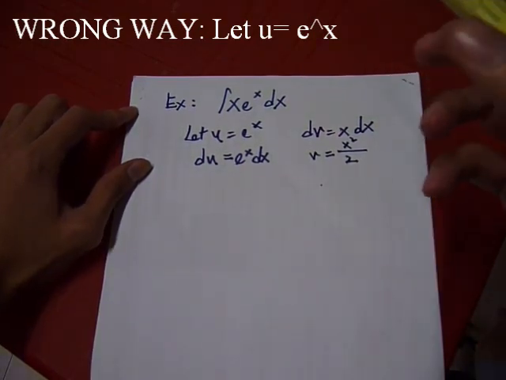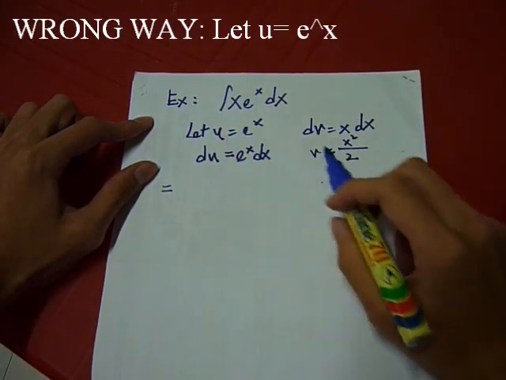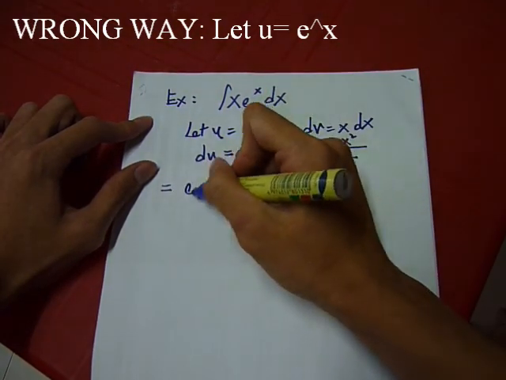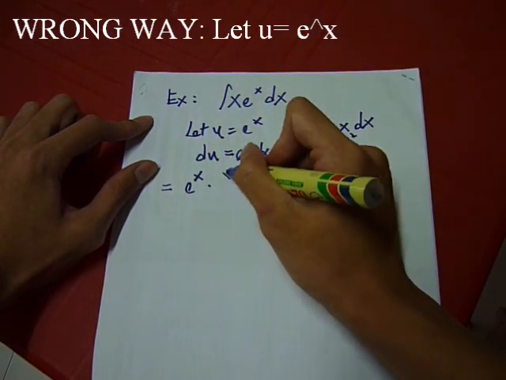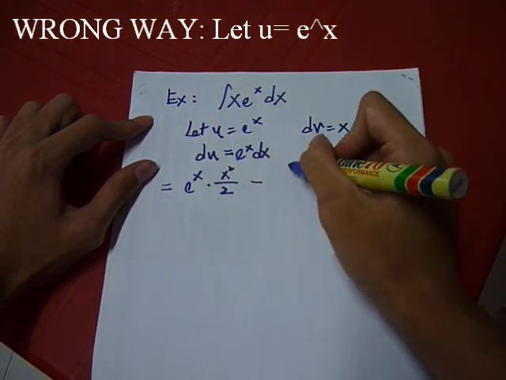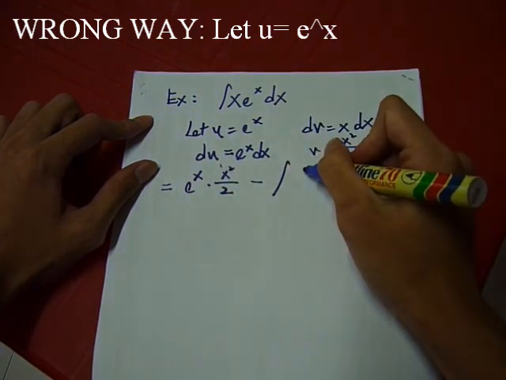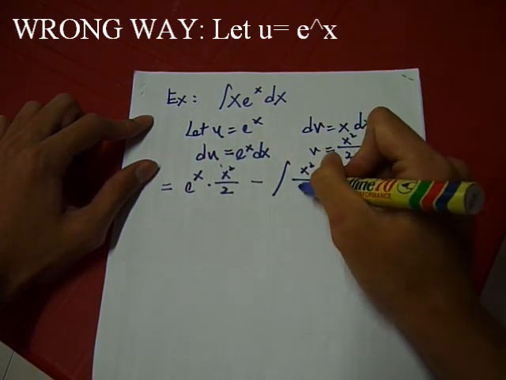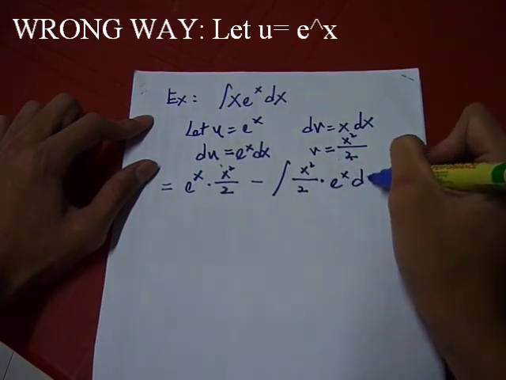From the formula we know that it is equal to uv, which is e^x times x squared over 2, minus integration v du, which is x squared over 2 times e^x dx.